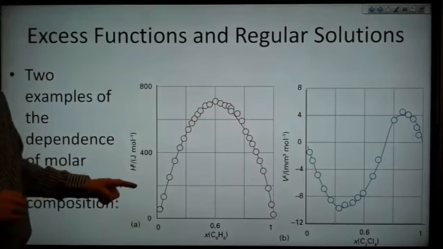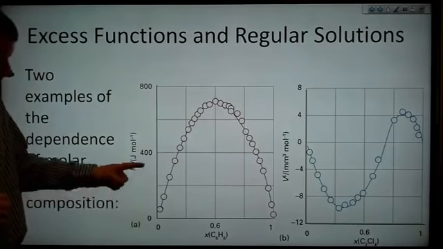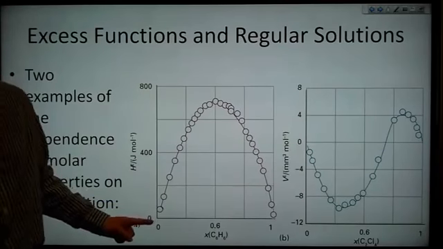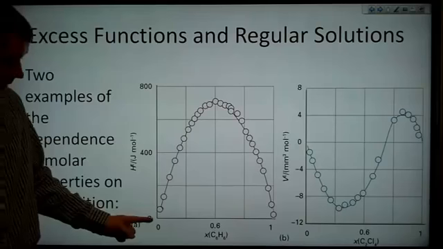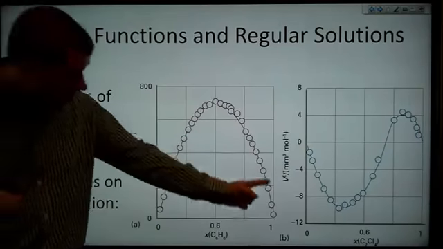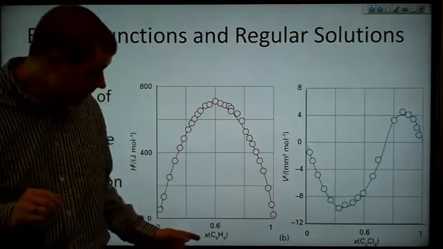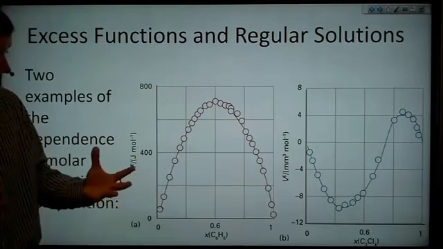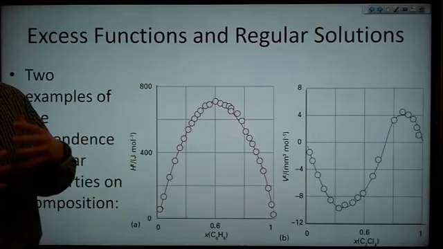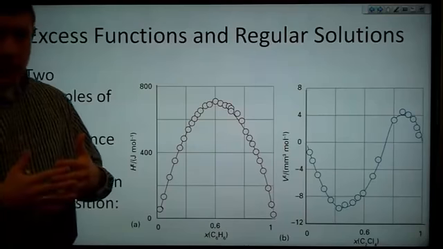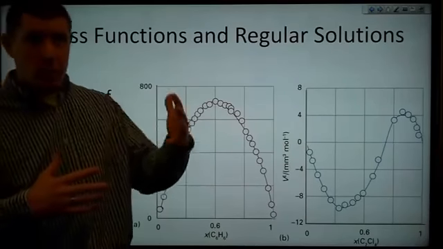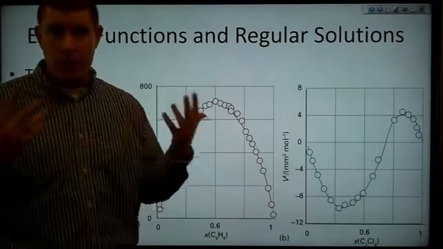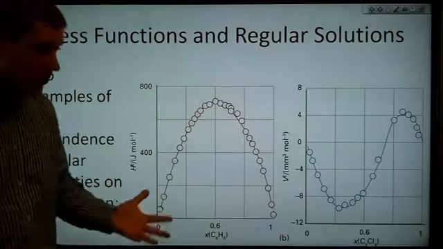You notice that the excess enthalpy starts out at 0 with a mole fraction of 0, because we have pure of our second substance. Over on this end, at a mole fraction of 1 for benzene, we have pure benzene. So the excess function there has to be 0, because if we have a pure substance, it has to be an ideal solution, because there's nothing else in there.